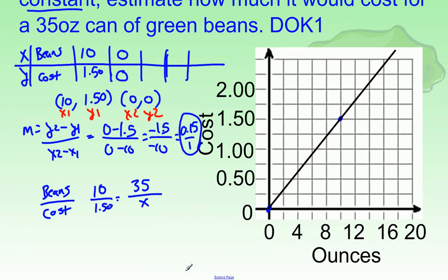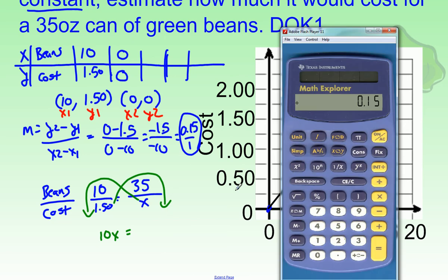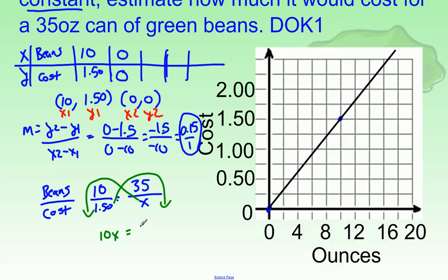So if we cross multiply here, 10x, and then 1.5 times 35, 52.5, divide by 10 on each side, x equals 5.25 dollars. So it would cost $5.25 to buy a 35-ounce can of green beans.